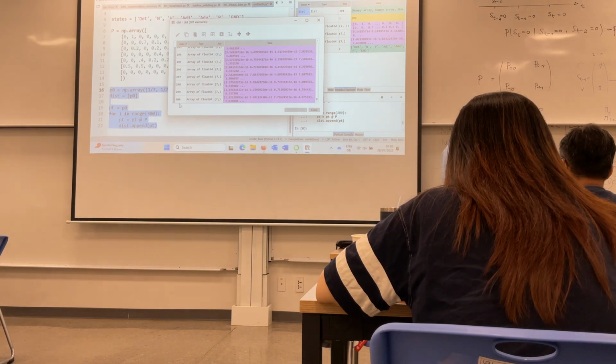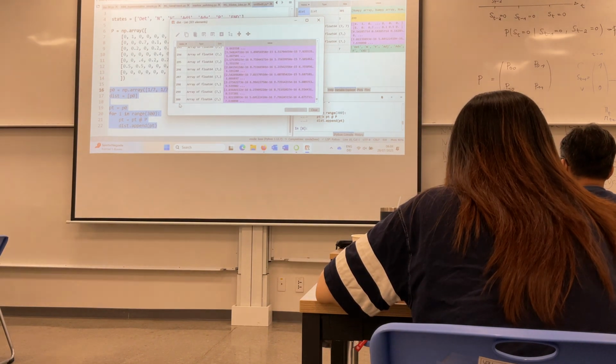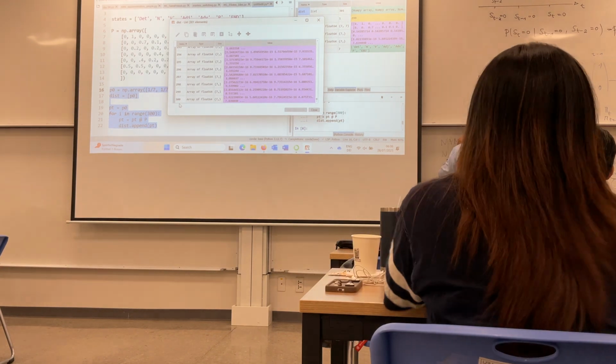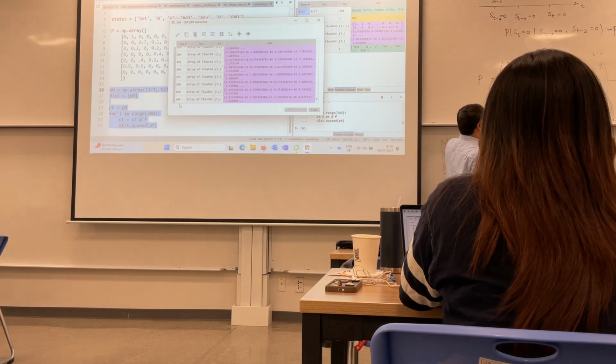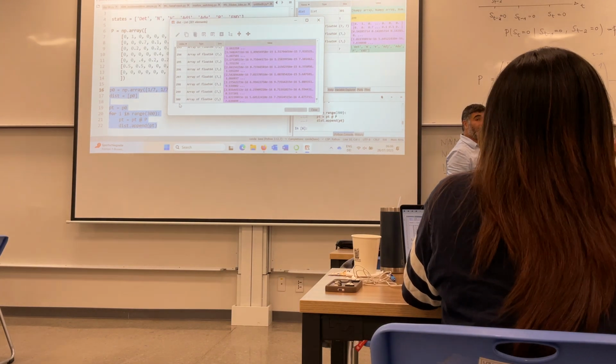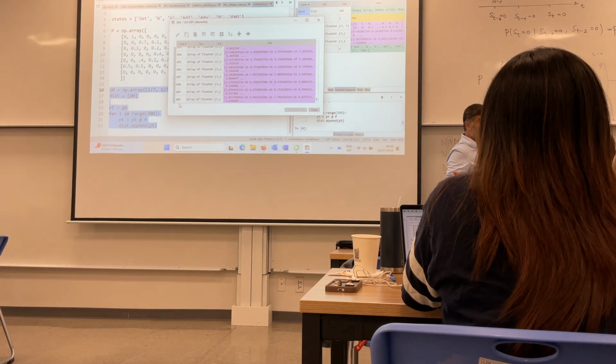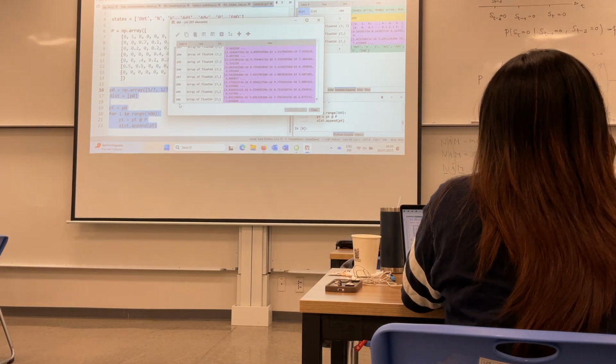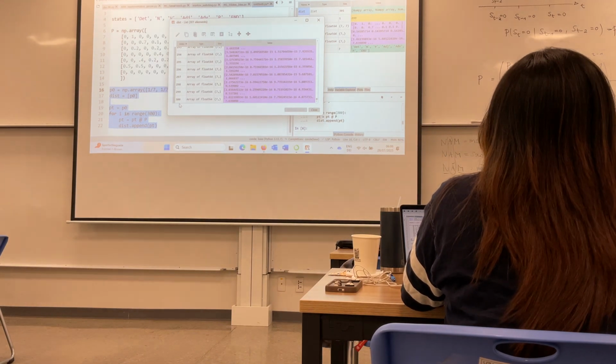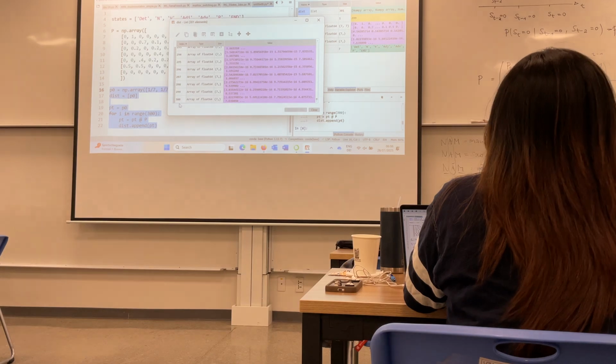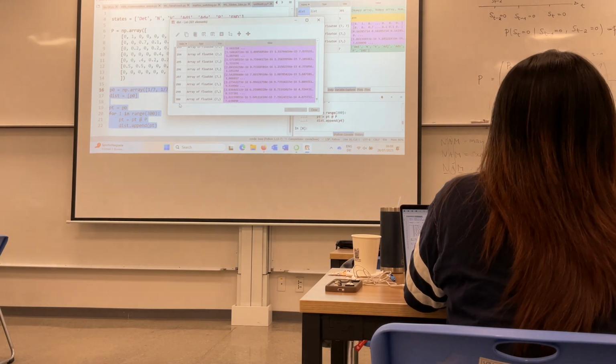The steady state probabilities are such that P equals P times P, because after some time periods there is no change in this probability. They stay the same. So these are what we call the steady state probabilities.